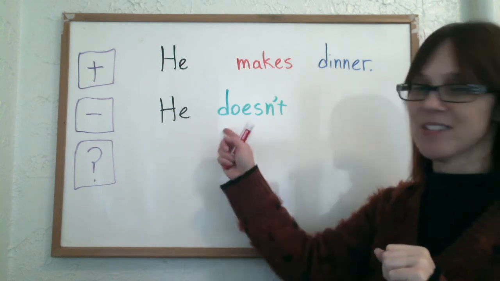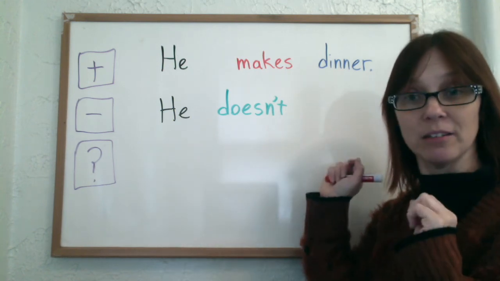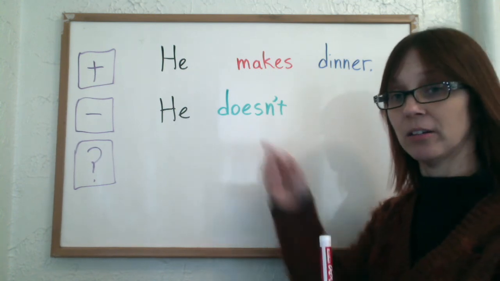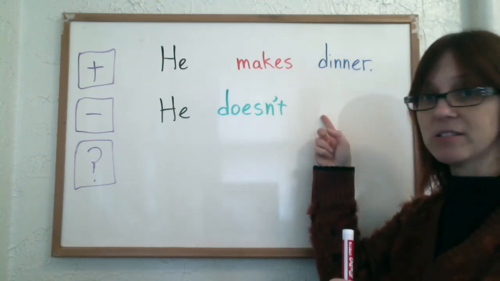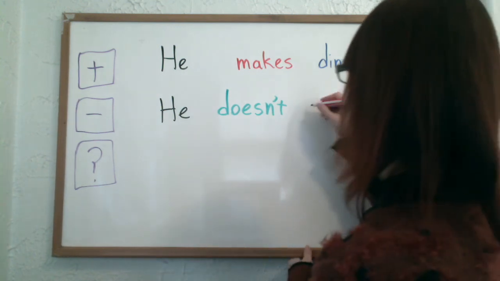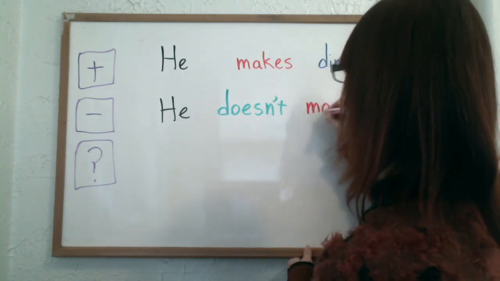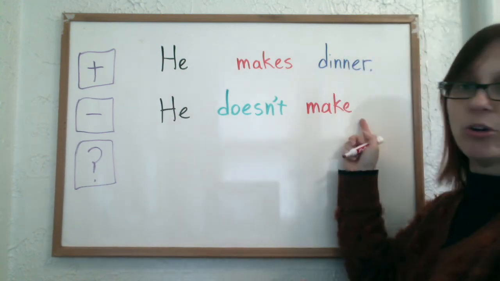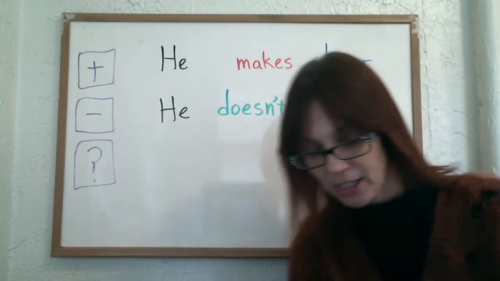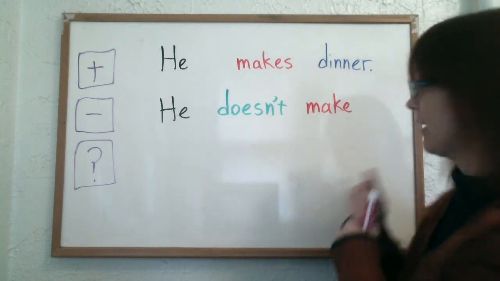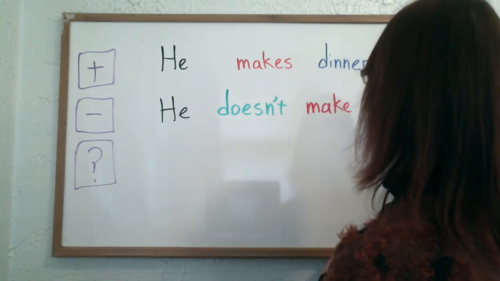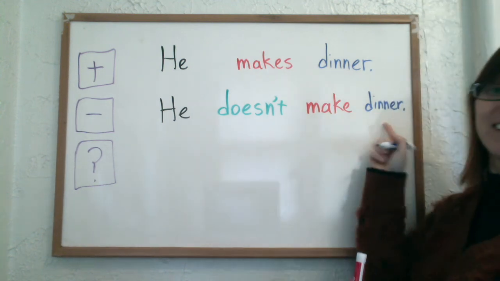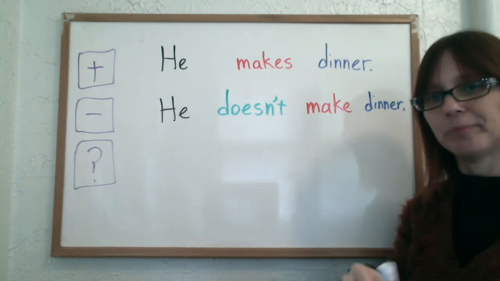Oh, he doesn't make dinner because the S is here. So I don't need an S here. He doesn't make dinner. M-A-K-E. No S. I have to write it very small. He doesn't make dinner.